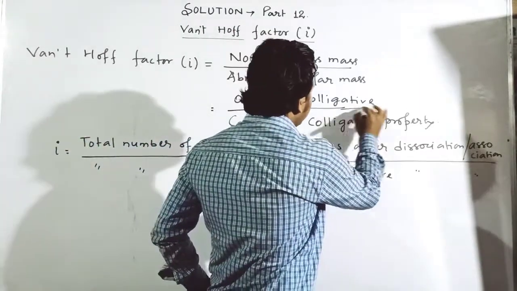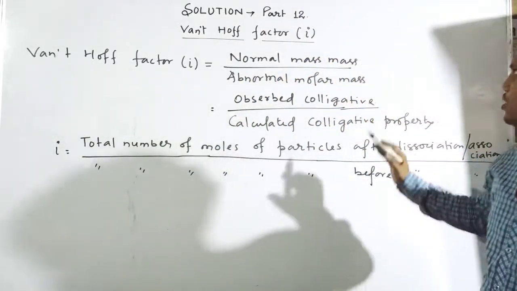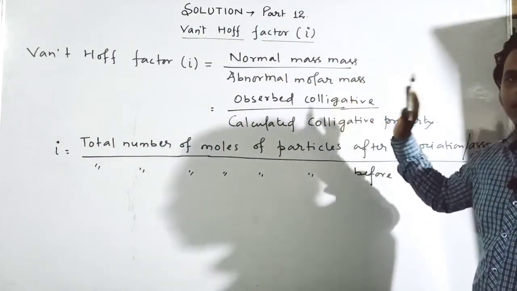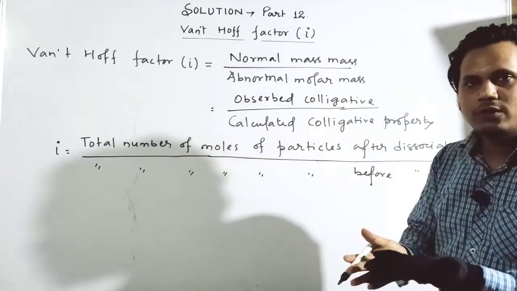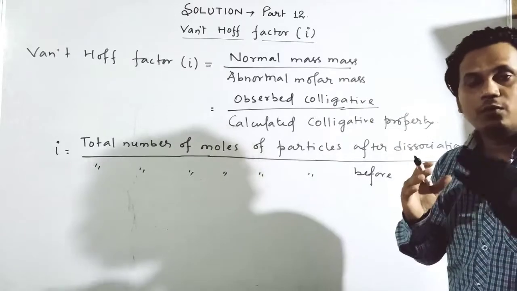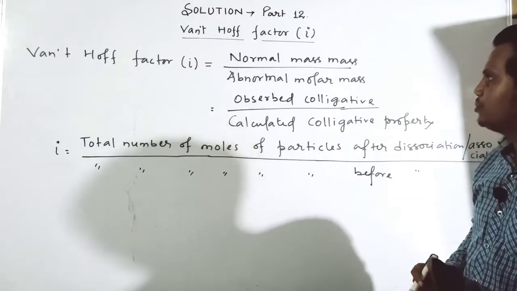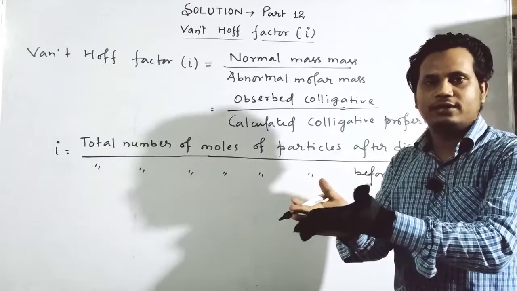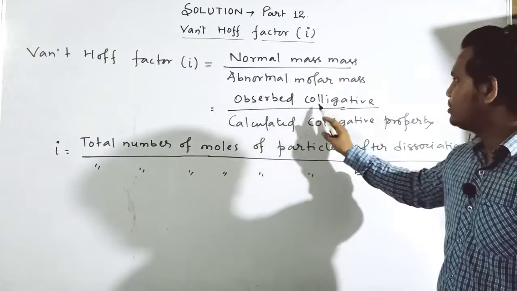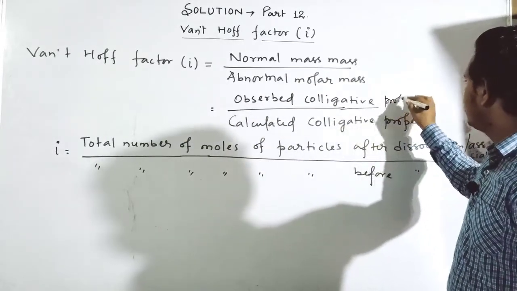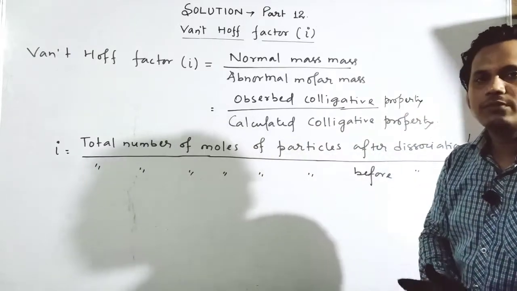So there are three definitions for i. First one is normal molar mass by abnormal molar mass, where abnormal is the molecular mass calculated from colligative property. If it is different, then it will be abnormal. Or observed colligative property by calculated colligative property.